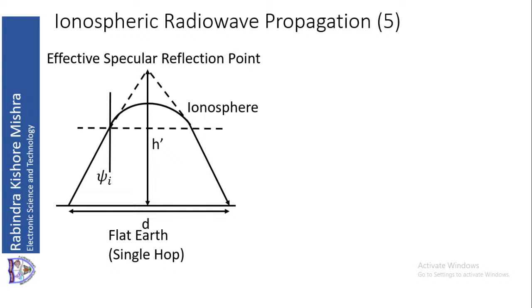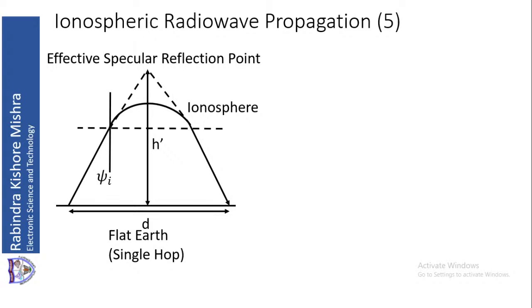Now if it is flat, we are sending from the left end an electromagnetic wave to the atmosphere with the correct frequency and the correct psi I, or the correct angle of incidence. It will go to the atmosphere, bend back and come back and hit the earth. This is called a single hop. So from one point it hops from the transmitting point to the receiving point.